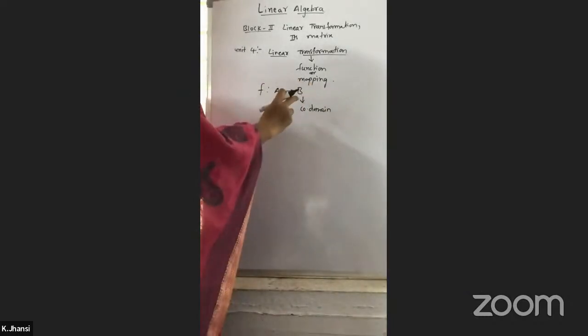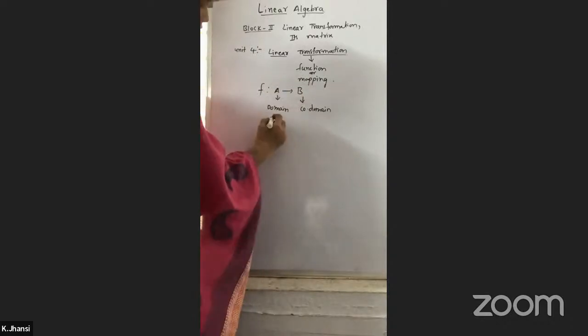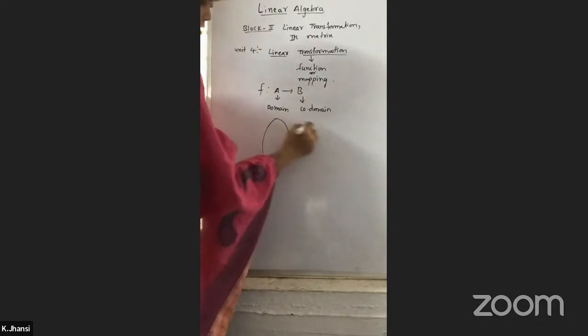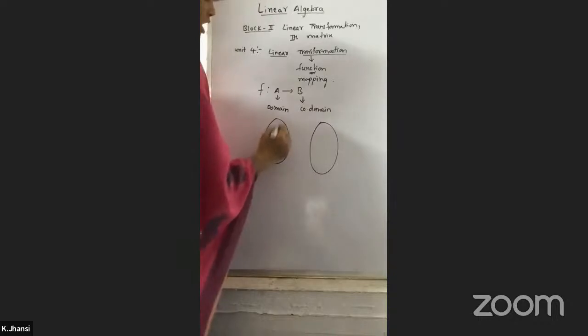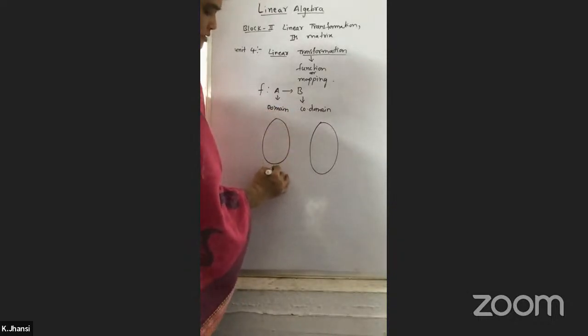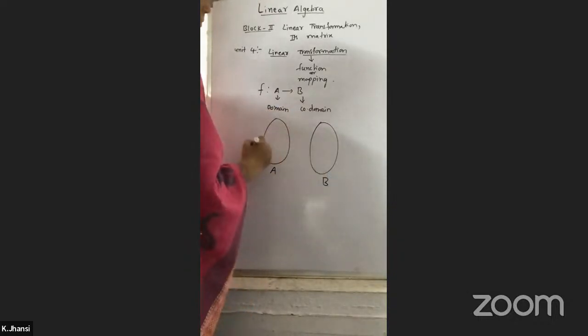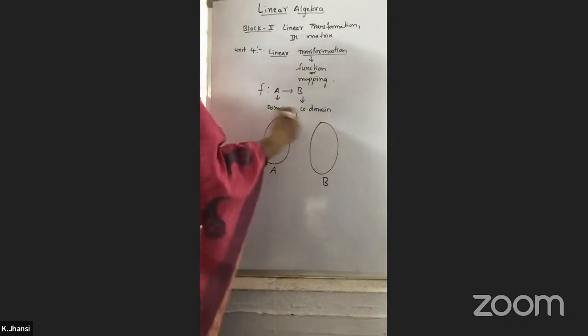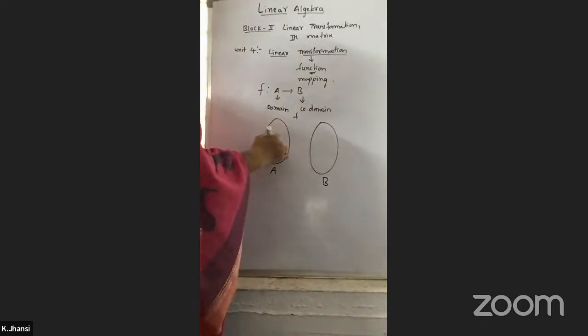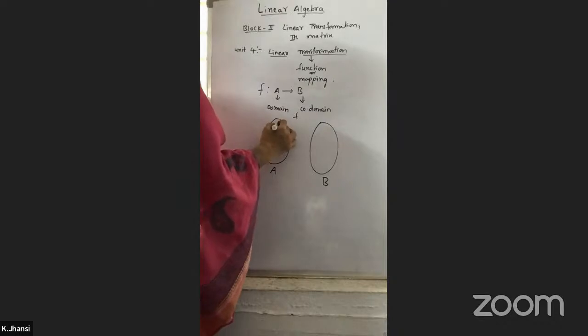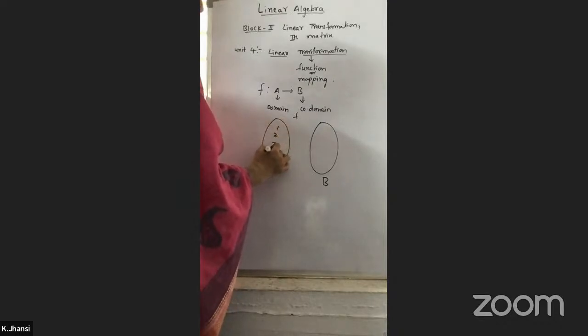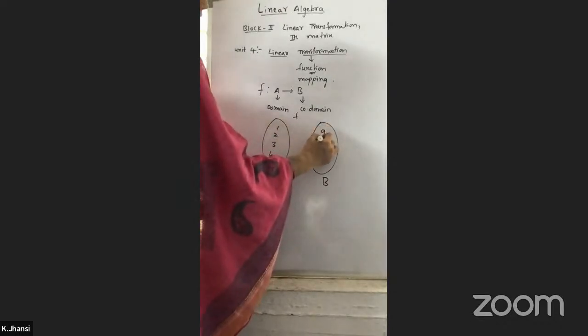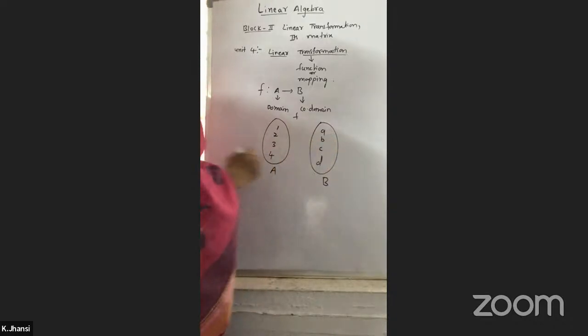With the help of the mapping, we can represent the whole thing like this. This is set A and this is set B. This is the function between A and B. In A you can take any elements, like 1, 2, 3, 4, and in B, elements like A, B, C, D.